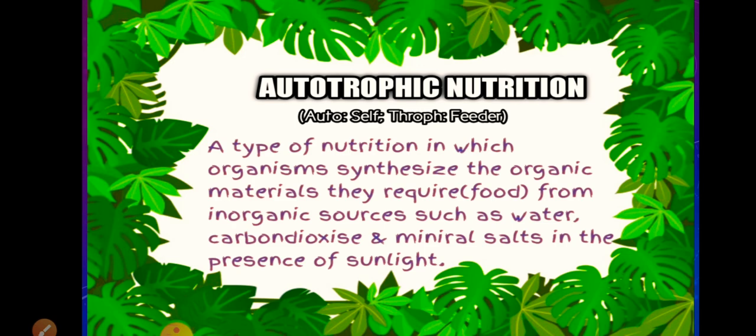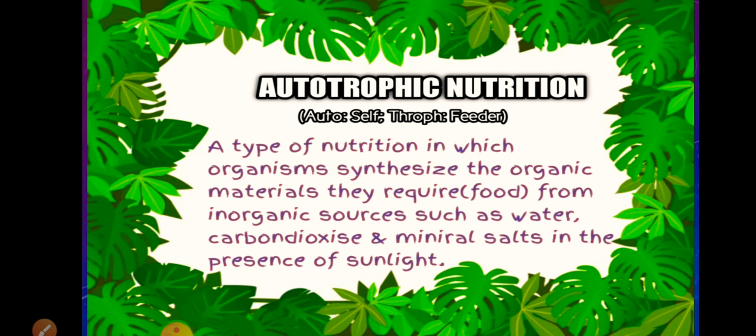Now let's move on. Autotrophic mode of nutrition. Auto means self, trop means feeders. Self feeders, those organisms which can feed themselves without depending on any other organism, are known as autotrophs. So if they are not dependent on other organisms, then what are they dependent on?